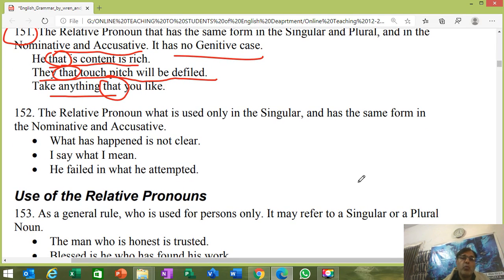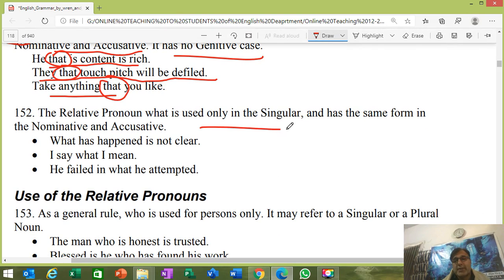The relative pronoun what is used only in the singular and has the same form in the nominative and the accusative. What has happened is not clear. I saw what I mean.